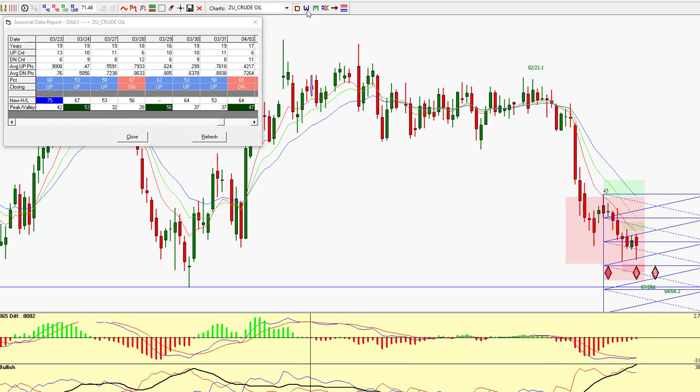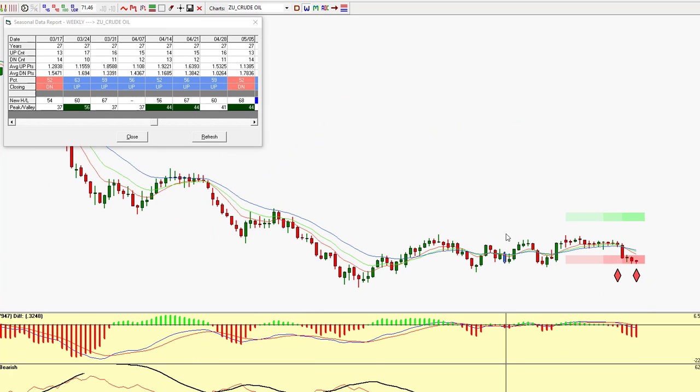Now we're going to take a look at the weekly chart and see how the two coincide with each other. Here we see that prices have been moving down from a weekly swing top since the week ending February 24th, and this is indicated by the weekly turn date of this red diamond that you see here. But now we're in that time zone area where we have another weekly turn date due, which is shown right here.